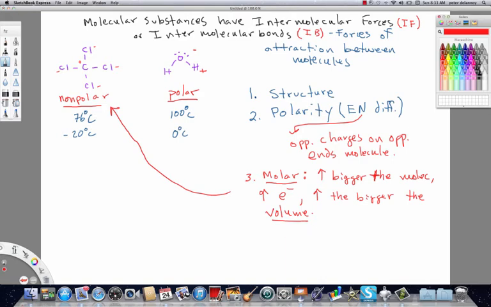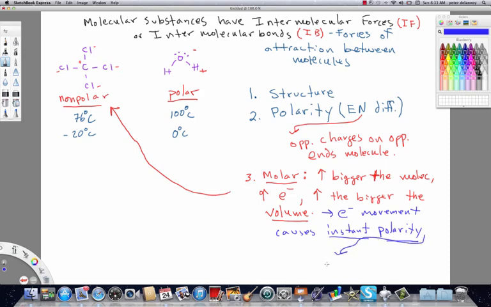So let's see, I'm going to write that in here in a different color. So, and we'll do it this way: electron movement causes instant polarity. Instant polarity. Now, as you might expect, polarity caused by the movement of electrons is weak. So I think I'm going to add that here too.